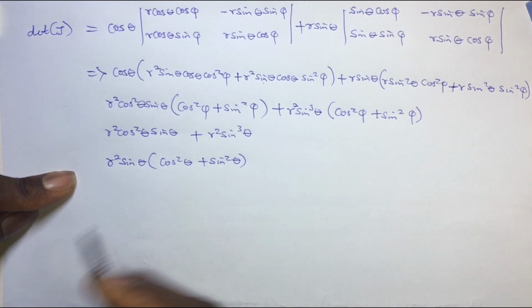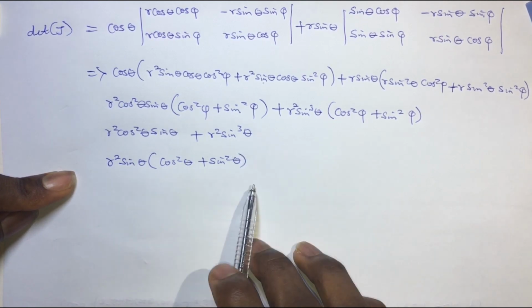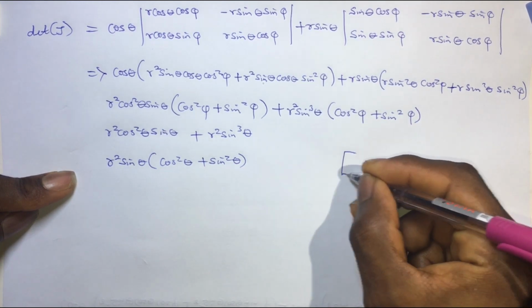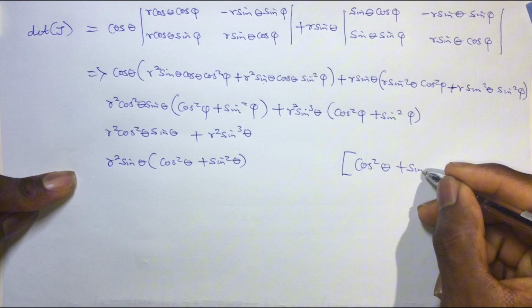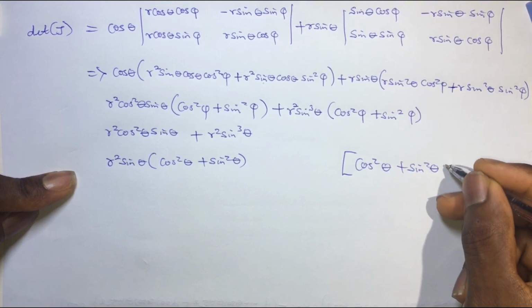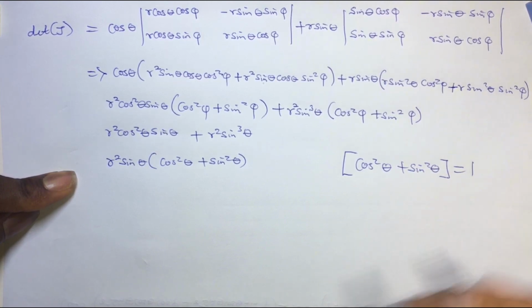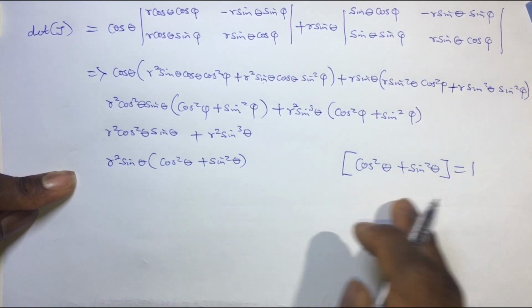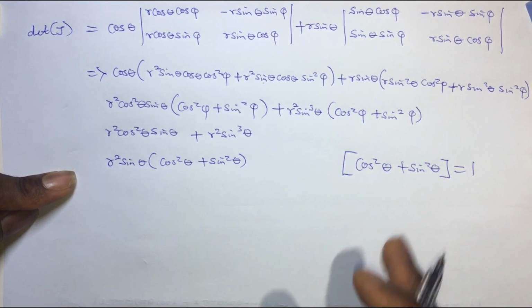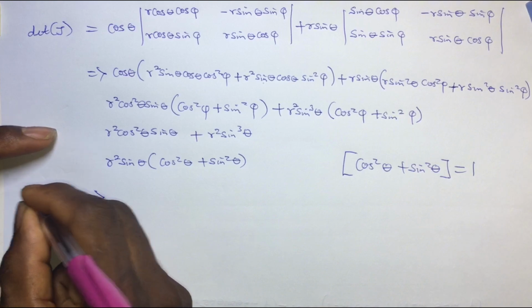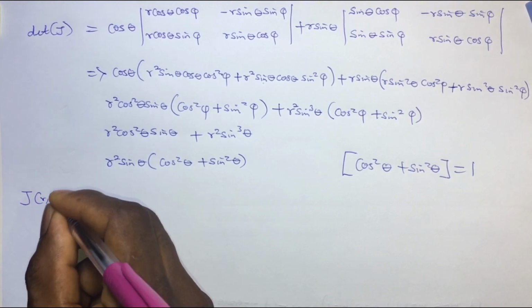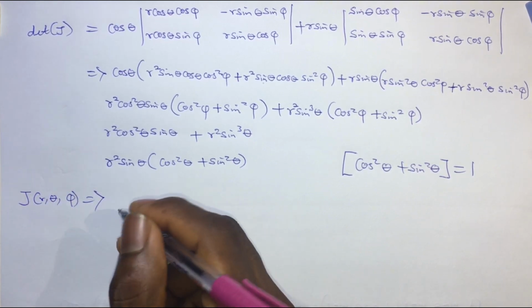Like I said before, cos squared theta plus sin squared theta is equal to 1. It may not be theta, it may be A, it may be B, it could be anything. So cos squared theta plus sin squared theta is equal to 1. So by replacing 1 here, we have that this Jacobian J of r, theta, phi is equal to r squared sin theta.